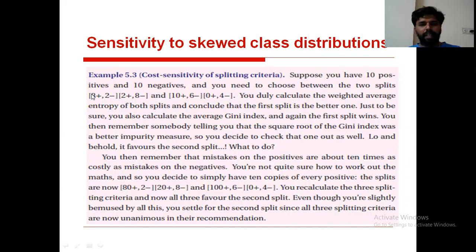After multiplying the positive classes 10 times, and recalculating the same impurity measures, these three measures will give the top rating to the second split. Got the point? This is what?